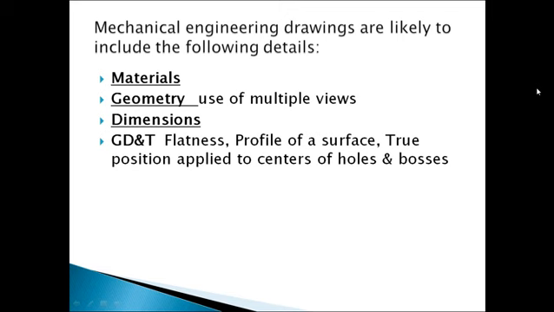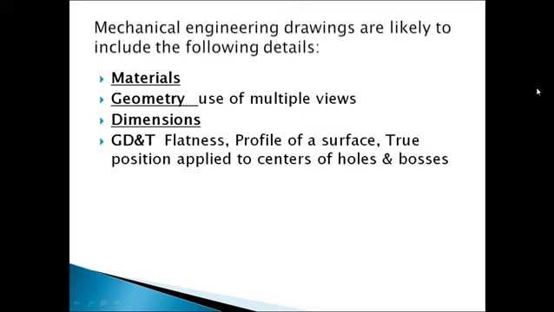First, the material: for the component you want to prepare, what kind of material you want to assign. So we require to mention on the sheet what kind of material we are using, whether wood, steel, or cast iron.